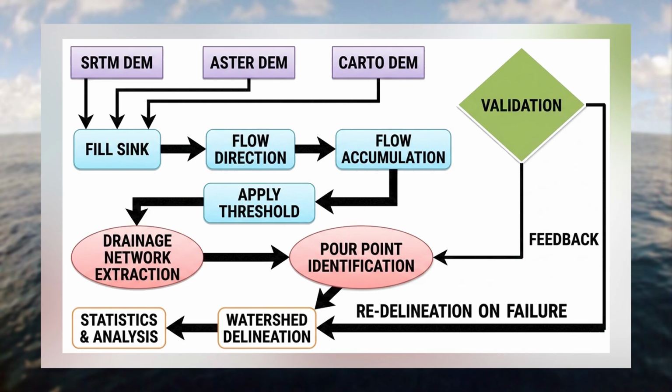The integration of remote sensing and GIS enables accurate delineation of watershed and sub-watershed, extraction of drainage network and computation of morphometric parameters such as drainage density, stream frequency, basin shape and relief characteristics.